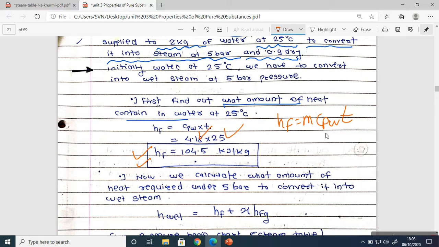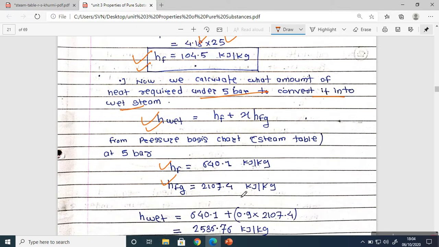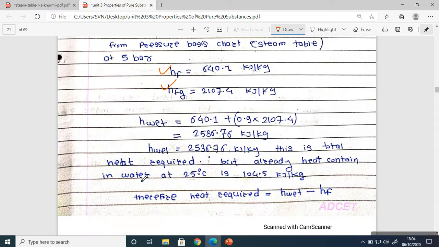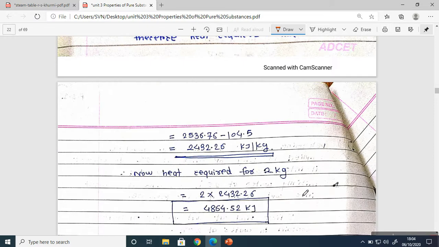You can get it directly from the steam table. Then we calculate what amount of heat is required under 5 bar to convert into wet steam. So the enthalpy of wet steam under 5 bar, with the values taken from the steam table, 640 and 2107.4, gives the enthalpy of wet steam, and the net heat is just the subtraction. This is a simple numerical. This value is for 1 kg.